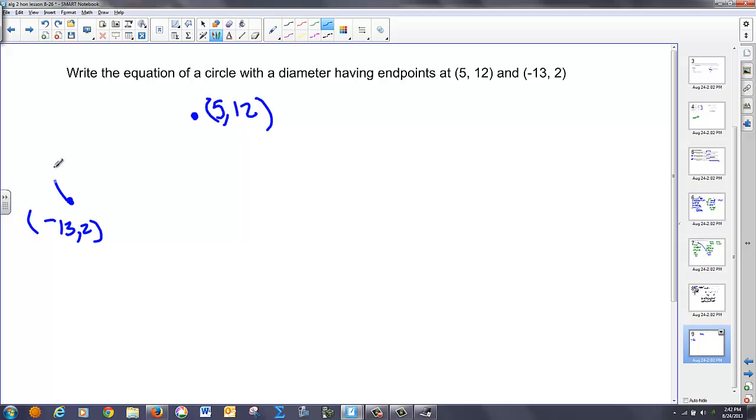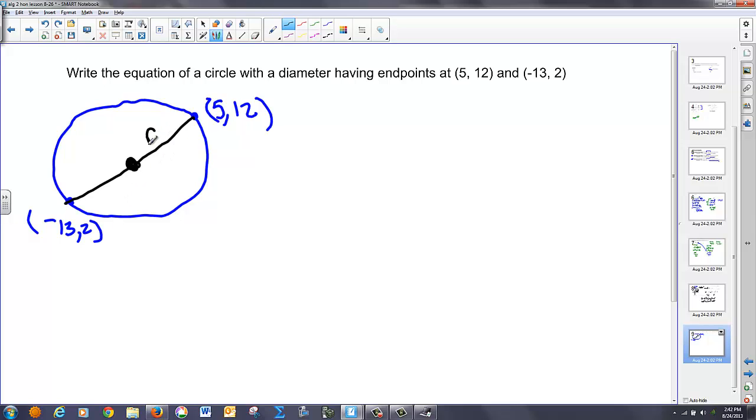And then I've got some random circle going around. Those two points happen to be the endpoints of the diameter. So in order to find the equation of this circle, I'm going to need to actually find the center first, and then determine the radius from there.